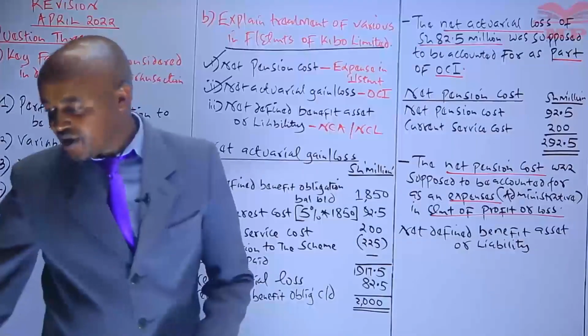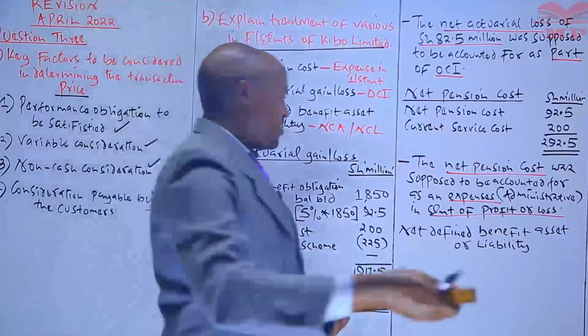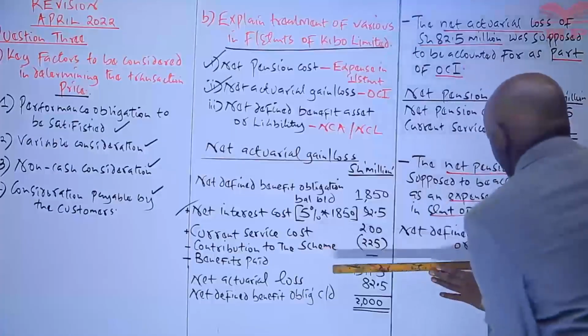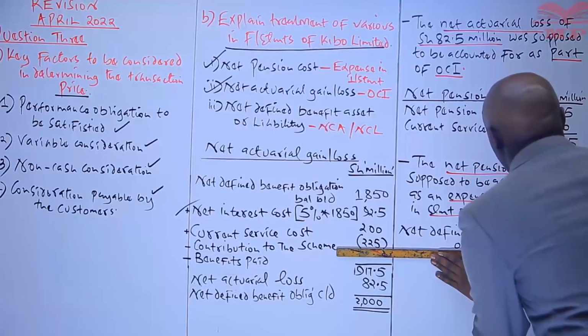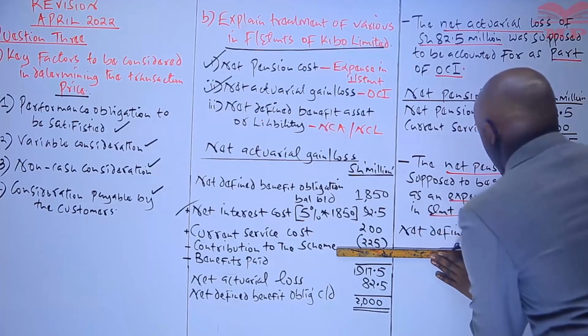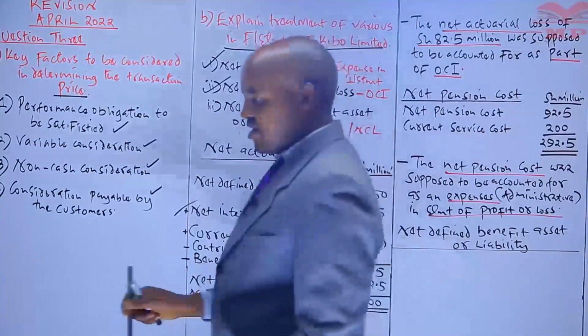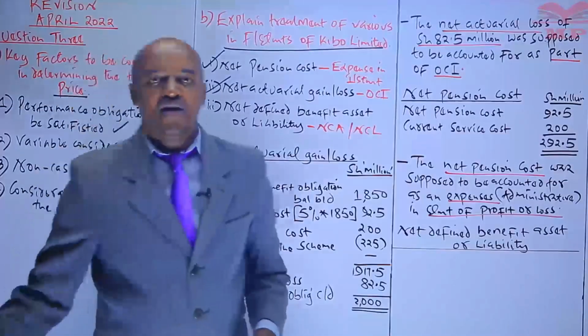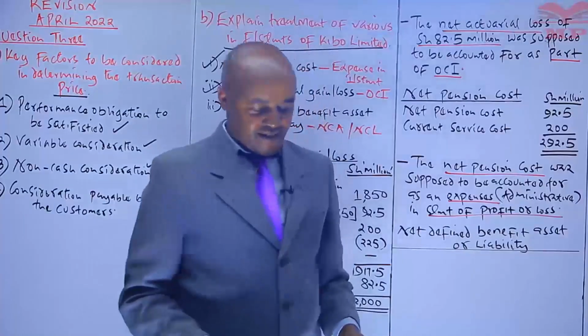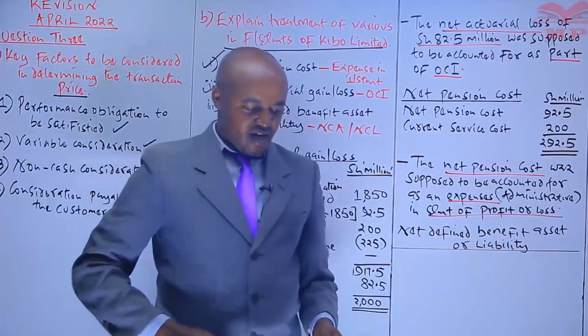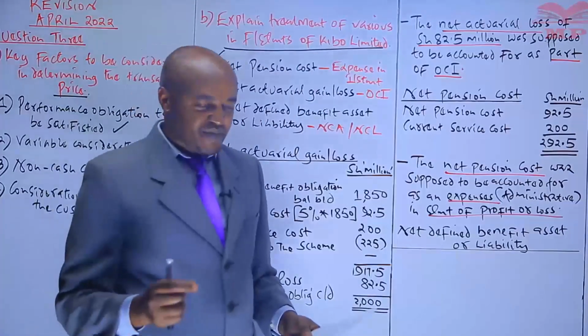So how do we compute this? To compute this one is quite simple and straightforward. Here we need to take into account only a single item which is already provided for us in this question, and that is the net defined benefit obligation.